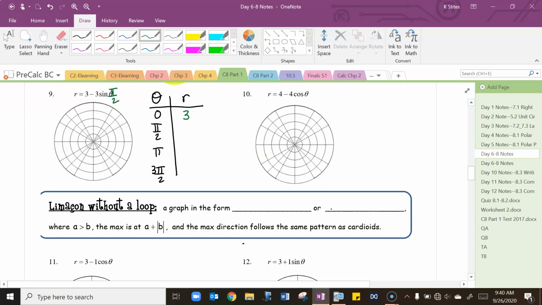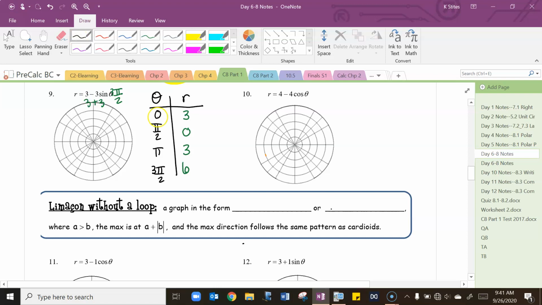Sine of pi over 2 is 1. 3 minus 3 is 0. Sine of pi is 0. So that's a 3. And sine of 3 pi over 2, that's a negative 1, but this is already a minus. So this becomes 3 plus 3, which is 6. Notice your max 6 is again that a plus that a value, 3 plus 3.